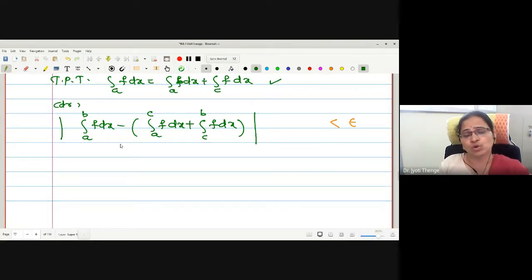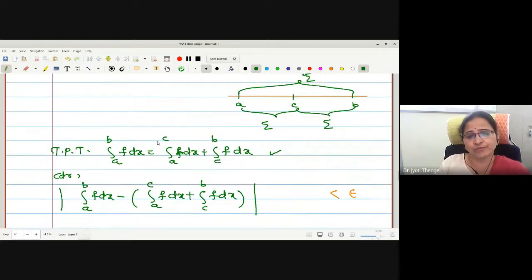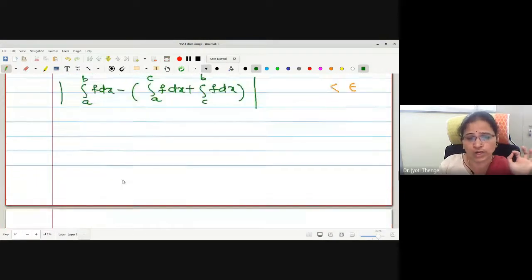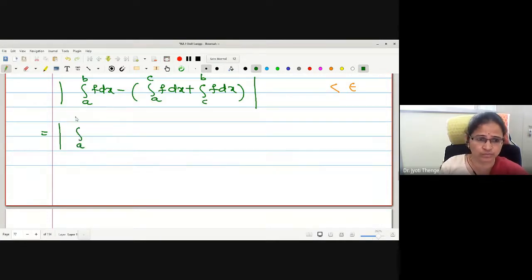Now, looking at this, if we have these three statements in our hand, every integral is involved with the corresponding Riemann sum on the corresponding interval. Just to adjust these three Riemann sums, I am going to make a small adjustment of adding and subtracting a term. Which term am I adding and subtracting? I am adding and subtracting the summation on a to b.